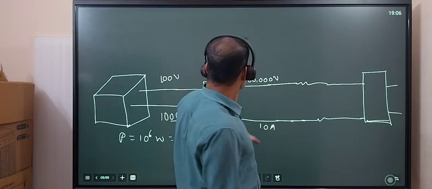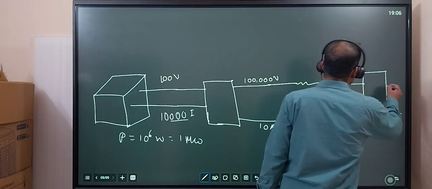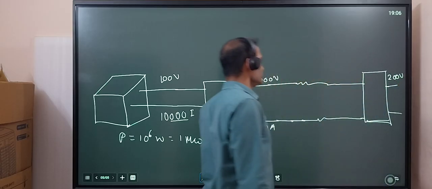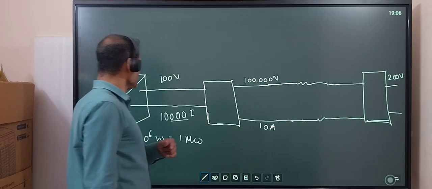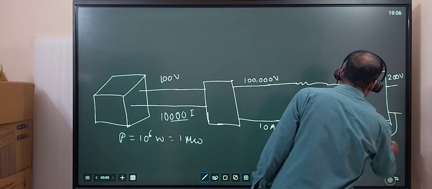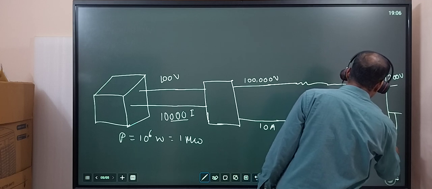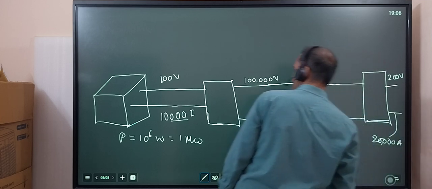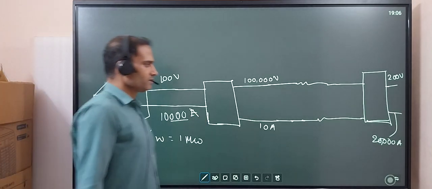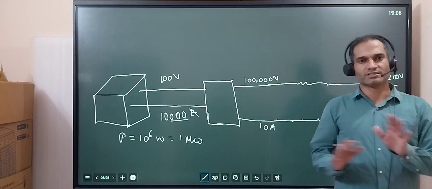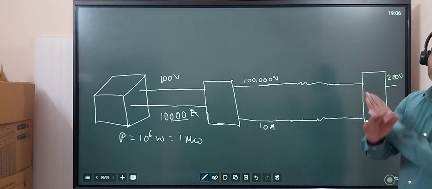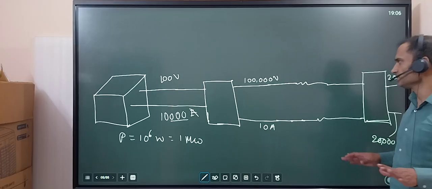So let us say this voltage will be 200 volt, and current will be 20,000 ampere. Now this 20,000 ampere is a big current, but it is not for one home or house. There are so many houses.